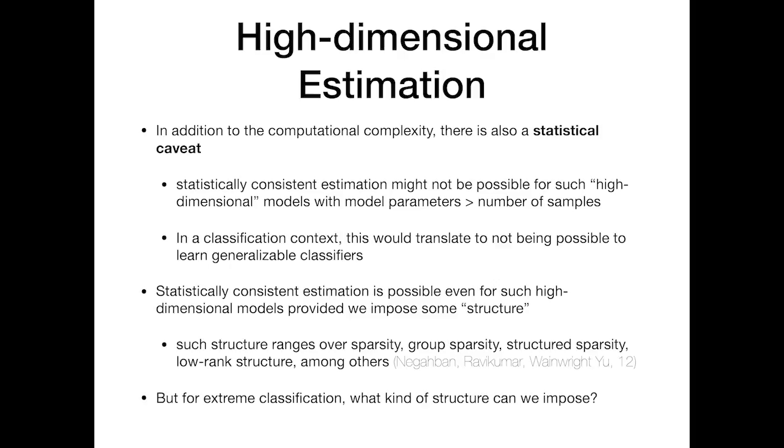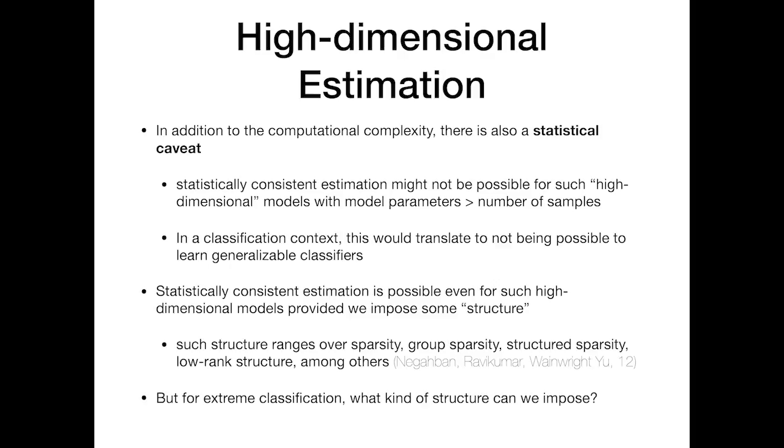But I also wanted to mention a statistical caveat, which some of the papers might not talk too much about. This is really the setting of high dimensional estimation. What we call high dimensional models are those where the number of model parameters is very large, typically even larger than the number of samples. In this setting, we know that statistically consistent estimation is not possible.